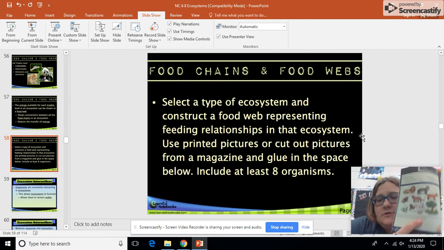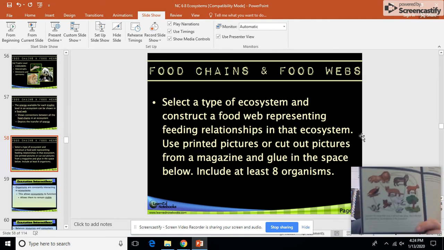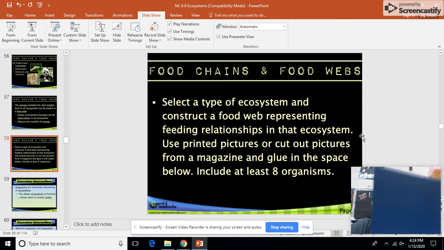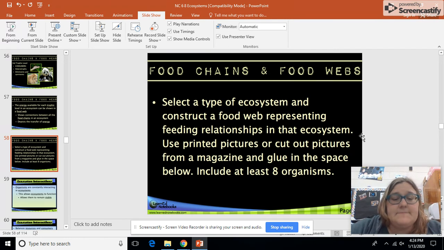But looking at all this, tell me what is in the first trophic level, what is in the second trophic level, and what is in the third trophic level. Looking at it, what is just an herbivore? That would be your second trophic level. What is an omnivore and a carnivore? That would be your third trophic level, and producers are going to be your first trophic level. And then how is the web important to the inhabitants? We can discuss that in class.